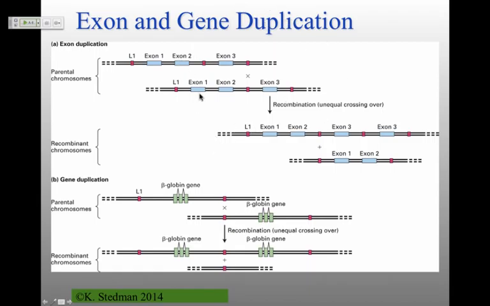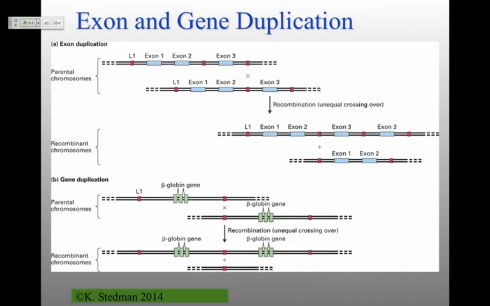It turns out that exons are usually about the same length in many cases as a domain. And domains are going to fold up. They're going to have a particular structure, which of course gives a particular function. So with those individual functions, if you've got two copies of something that has a given function, you can mutate one of them and maybe get some new function. And so it gives you a lot more raw material to deal with.